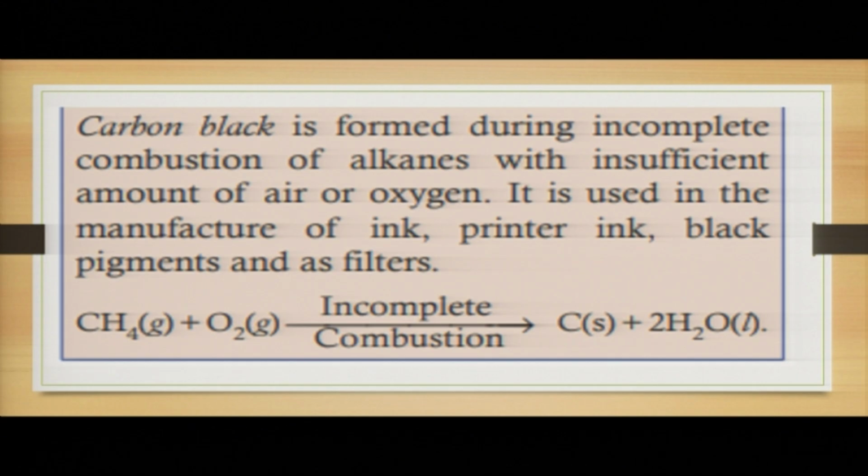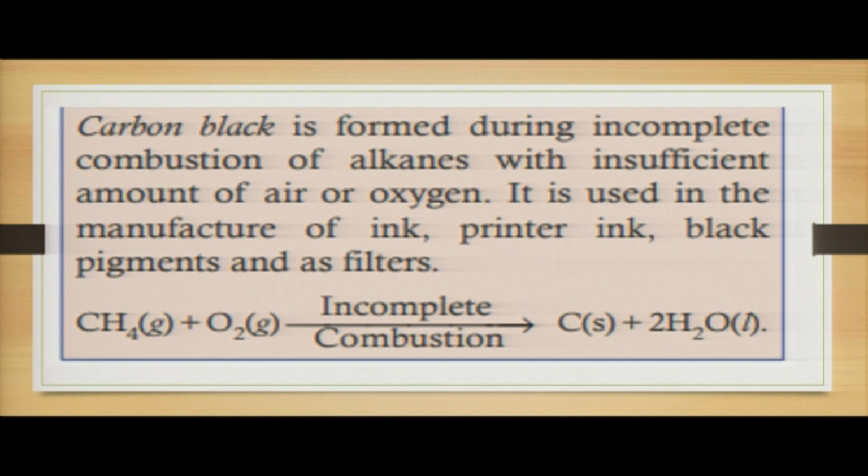Carbon black is one form of amorphous carbon. So carbon atoms exist in different forms, and this is one form of carbon, which is carbon black. It is formed when there is insufficient oxygen.